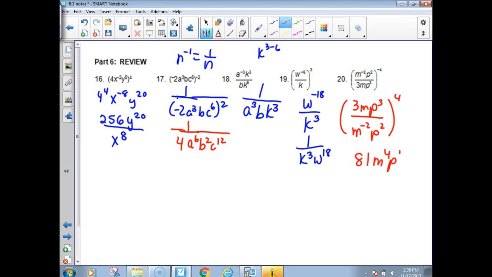All right, I'll just do it as if we applied the power to everything. It's not the only way to get it done. The problem is that we got to figure out the final answer. It's going to be 81m to the what? 4 minus negative 8 would be? No. 4 minus 12, and then 12 minus 8 would be p to the 4th.